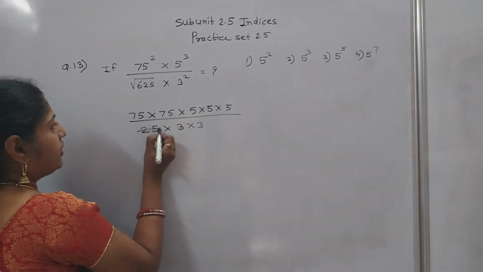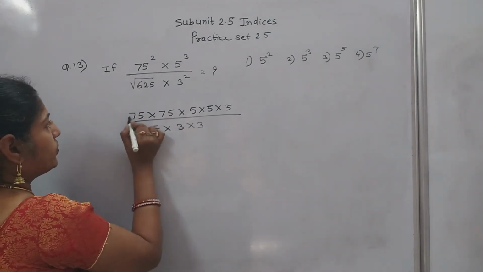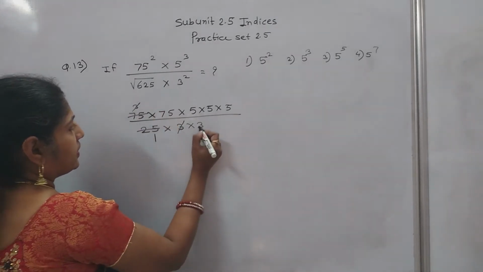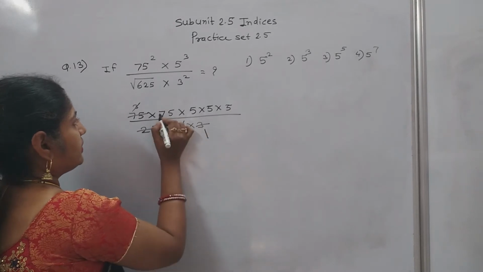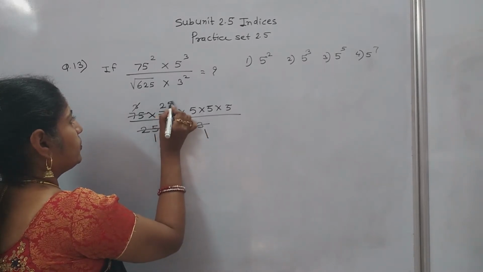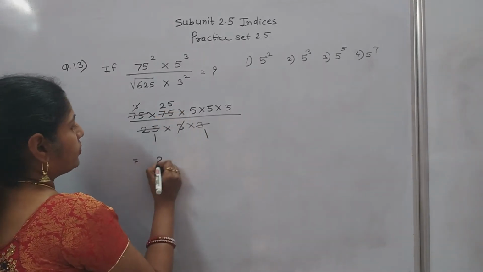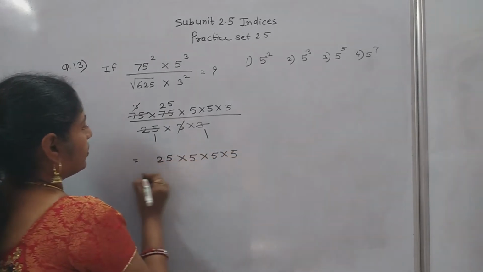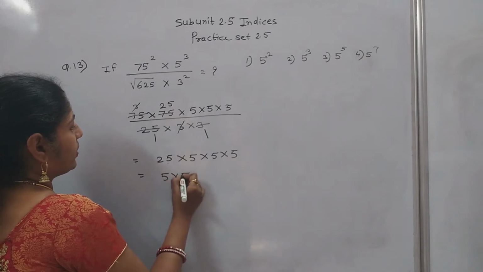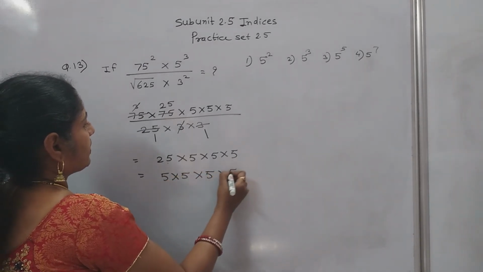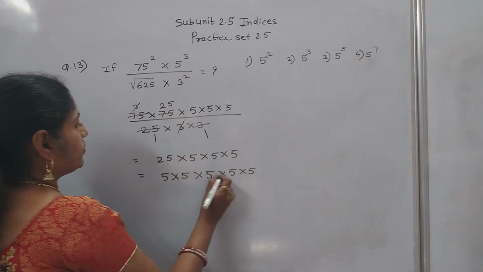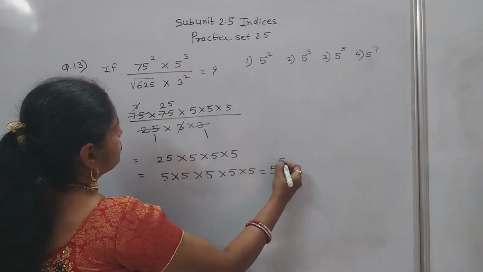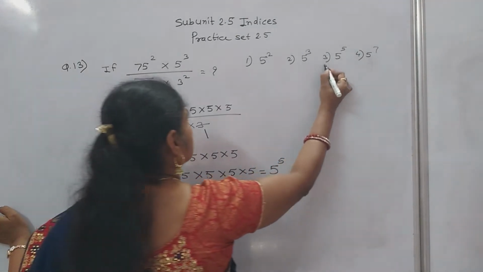Now, 25 ones are 25, 25 threes are 75, 3 threes are cut. 3 ones are 3, 25. Now 25 into 5 into 5 into 5. 25 means 5 into 5. So 5 times 5 raised to 5. 1, 2, 3, 4, 5. 5 raised to 5. Our answer is option number 3.